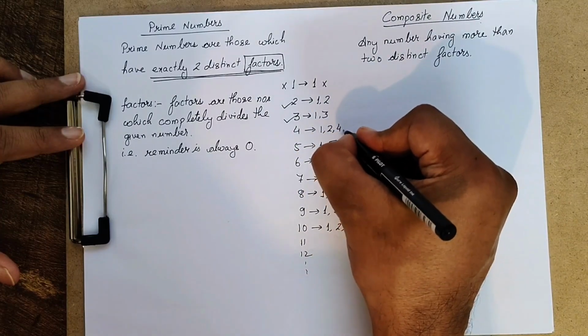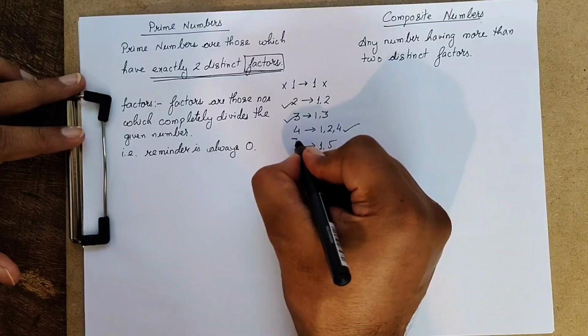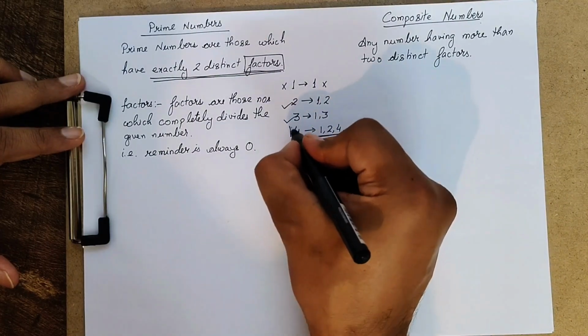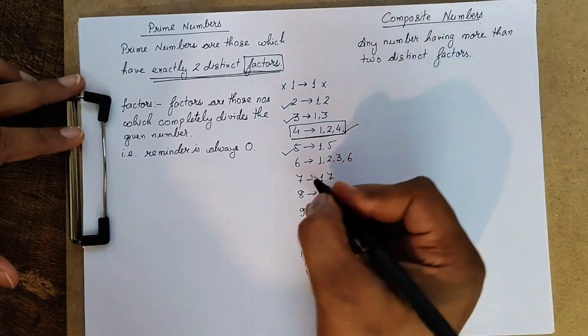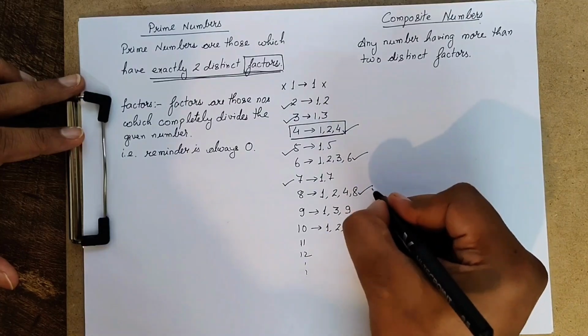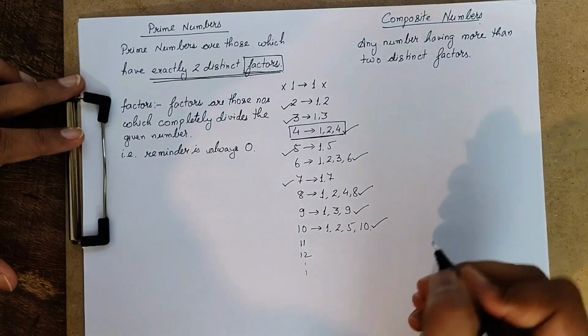So 4 is a composite number. Remember one thing, 4 is the smallest composite number. Again, 5 is a prime number, 6 is a composite number, 7 is a prime number, 8 is a composite number, 9 is a composite number, 10 is a composite number.